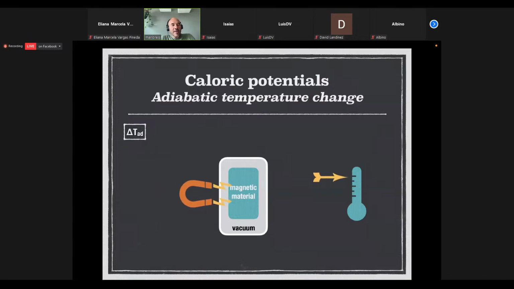When we remove the magnetic field, the temperature decreases. And the amount of temperature that changes is the adiabatic temperature change. This amount of temperature characterizes this potential. Okay, it's another way to see this caloric effect. However, we focus our attention on the isothermal entropy change. Okay?